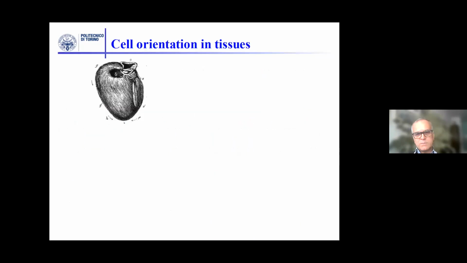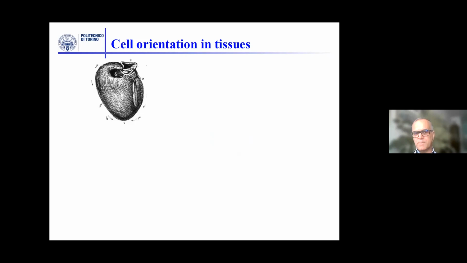In this respect, what caught my attention a couple of years ago was the fact that in tissue engineering, you are trying nowadays to build patches to repair the heart. And it is known, from centuries actually, that the structure of the heart is very complex because its role is to squeeze the blood out of the chambers.